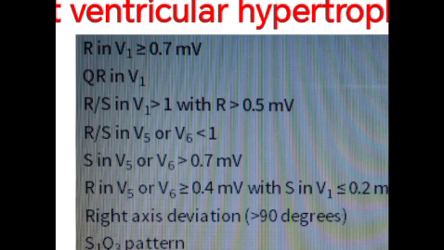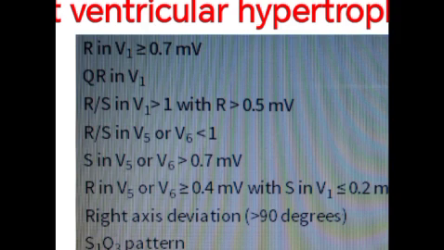We also have an S wave in V5 or V6 more than 7 millimeters.